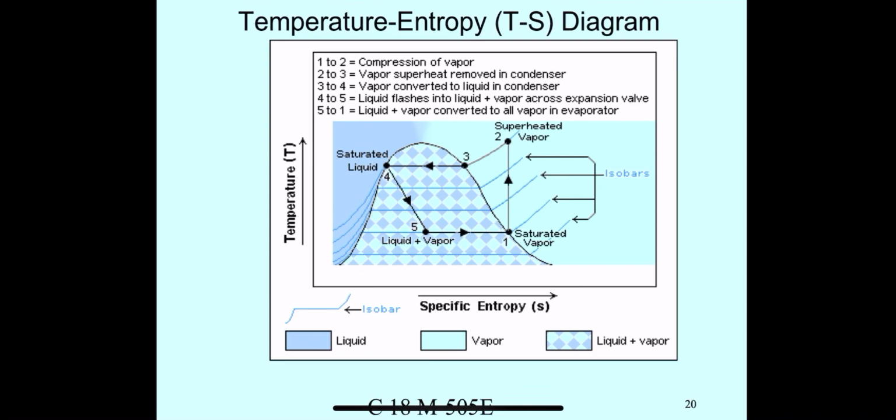So first it is vapor, then vapor to liquid and vapor, then liquid, then liquid to liquid and vapor, and again it is converted to complete vapor in the evaporator.